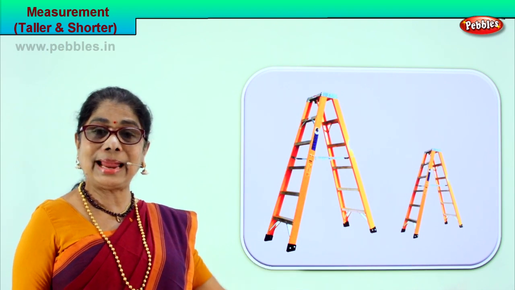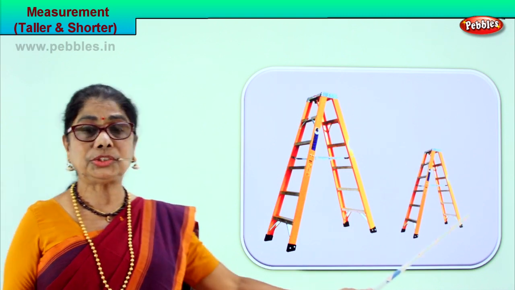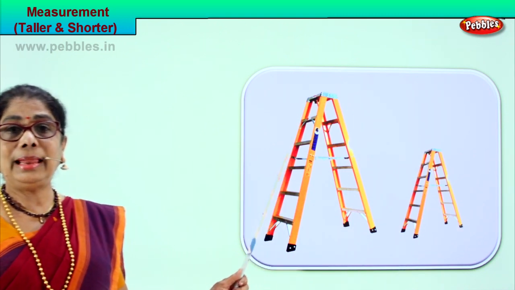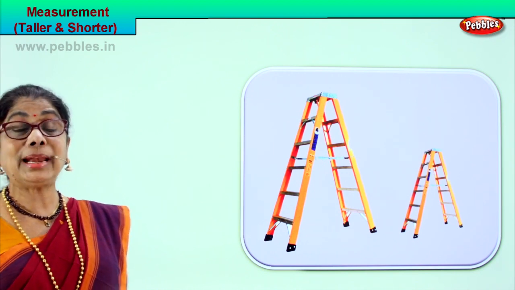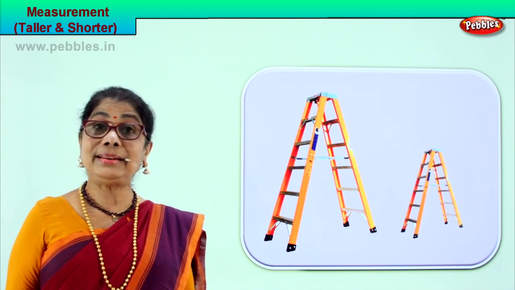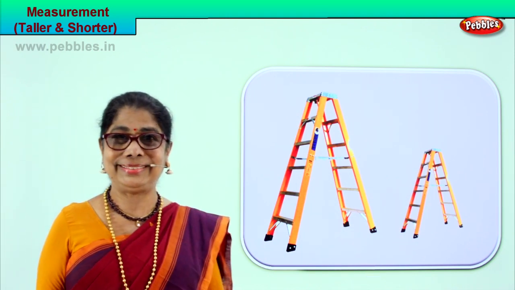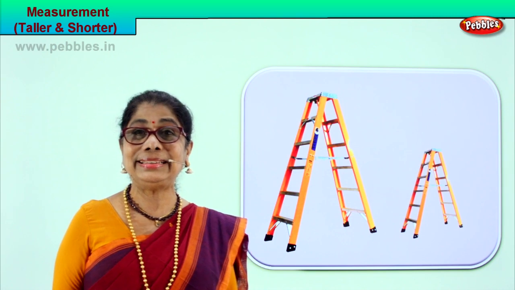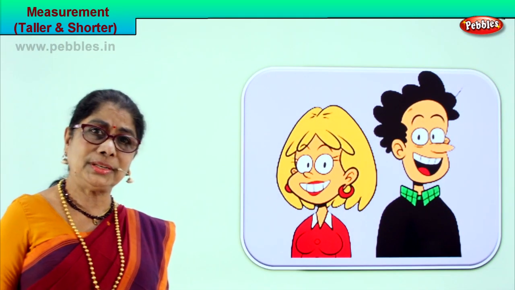Or you say this ladder is shorter than this ladder. Taller, shorter. Taller ladders are used by electricity board people to climb up and set right the electricity. Taller, shorter.